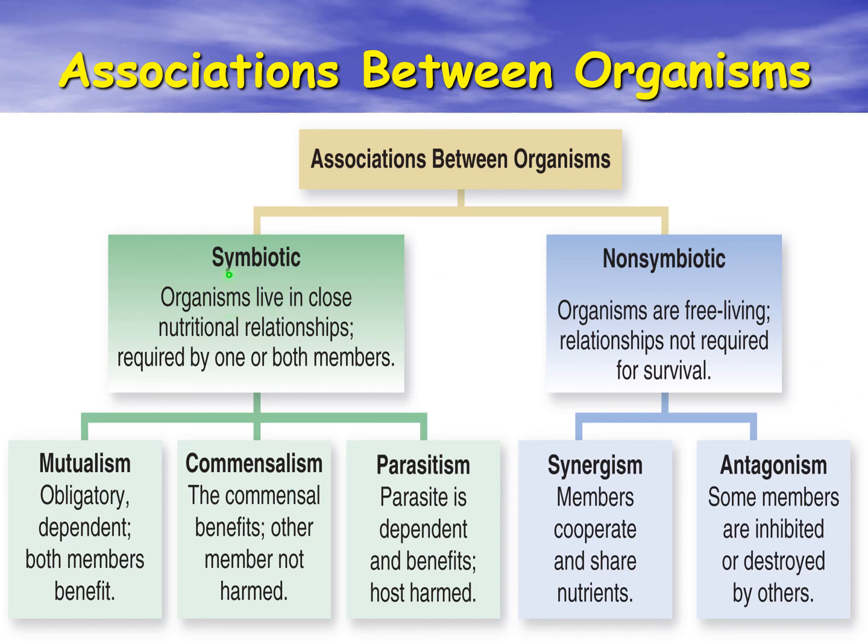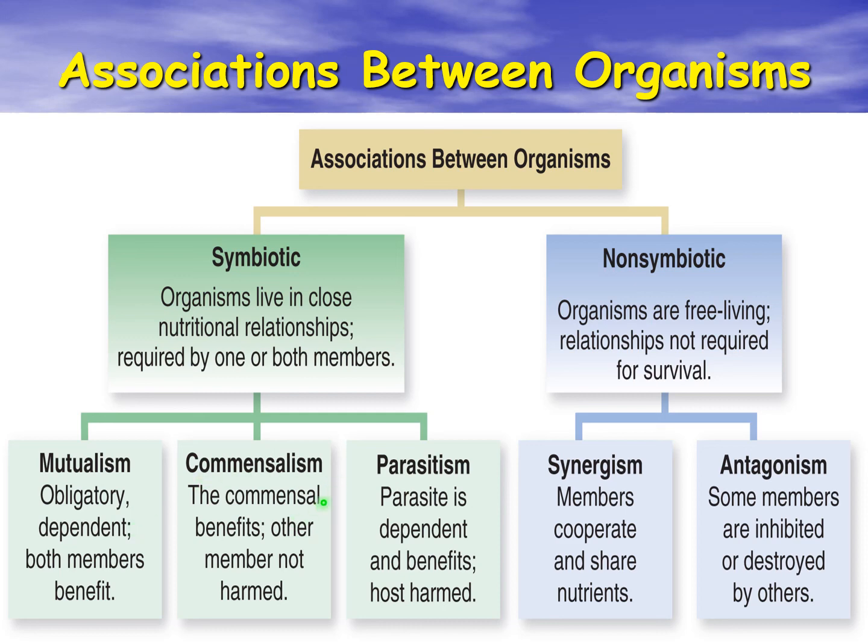Symbiotic relationships can be mutualistic, commensalistic, or parasitic. Mutualism is where both organisms benefit from the relationship, and usually this is an obligatory dependent relationship. They must live together in order for both of them to survive.